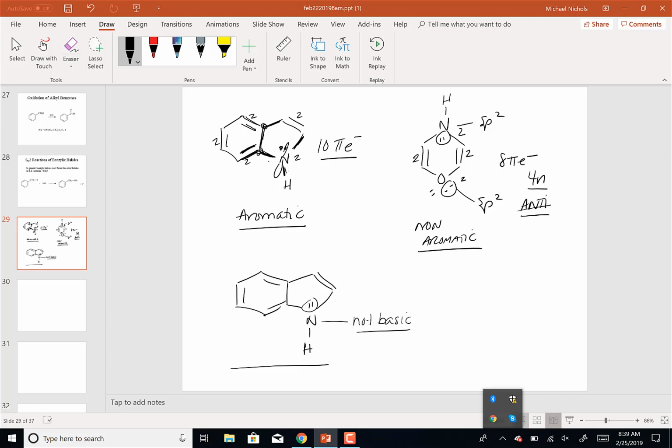Up here, just sort of an aside, part of the way I would determine which atom is not planar would be whichever one would pick up a proton. If I was to add acid to this system, would the proton go to the nitrogen or would it go to the oxygen? That would tell me which system is planar, because that would not pick up the proton, although this oxygen could pick up the proton on the end.